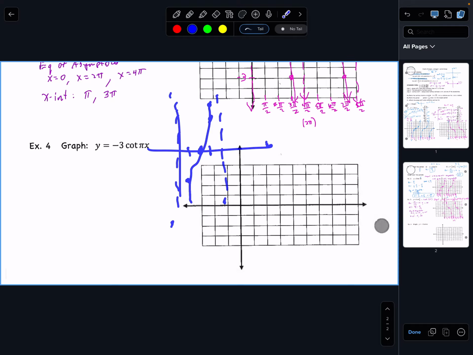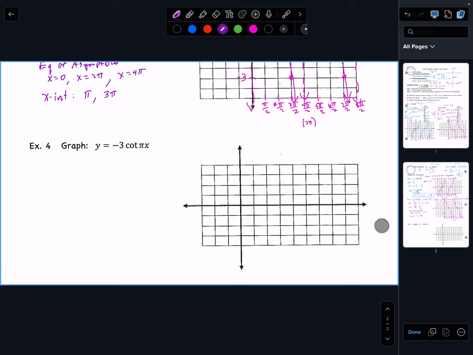Because it's flipped, because it's negative. So it changes from decreasing to increasing. You want to go, okay, there's no shift right or left, it's cotangent, you start with an asymptote on the y-axis.